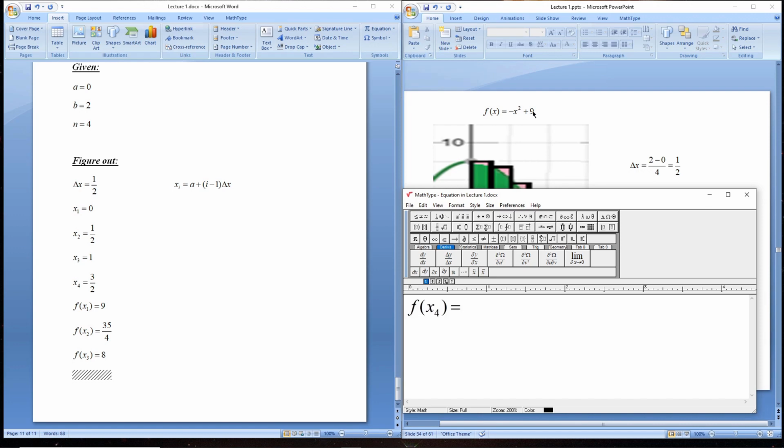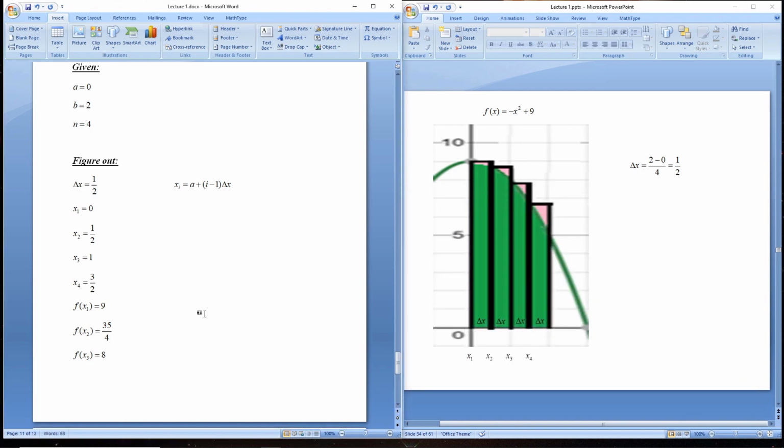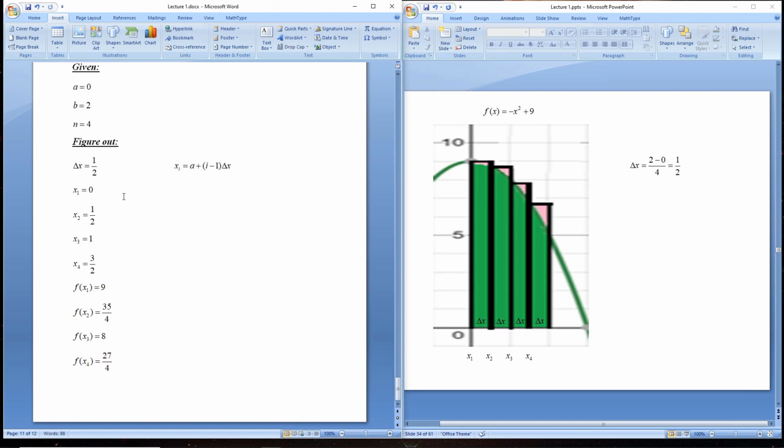So we're going to have 9 minus 9/4. Again, we have a common denominator of 4. So 4 times 9 gets us 36. And then 36 minus 9 will get us 27 over 4. And that is the height of our fourth rectangle.